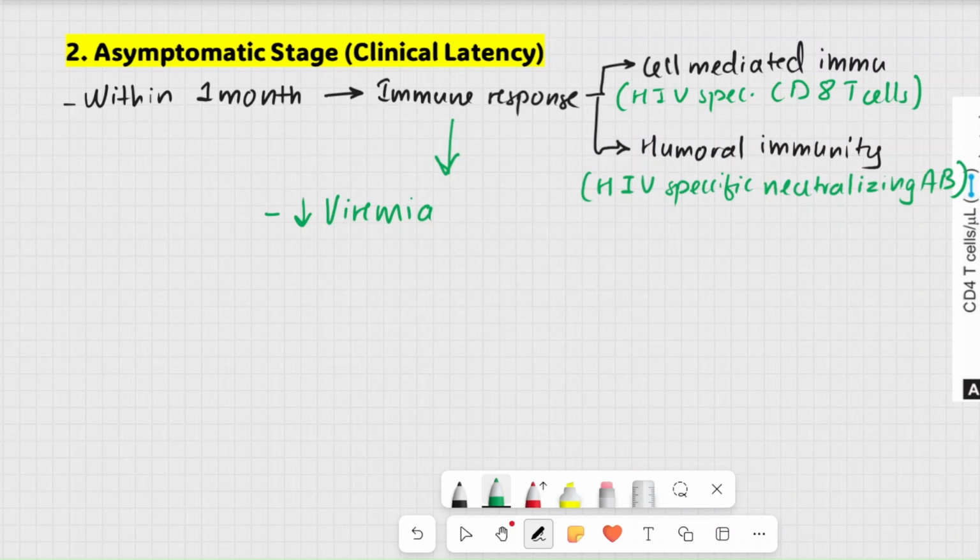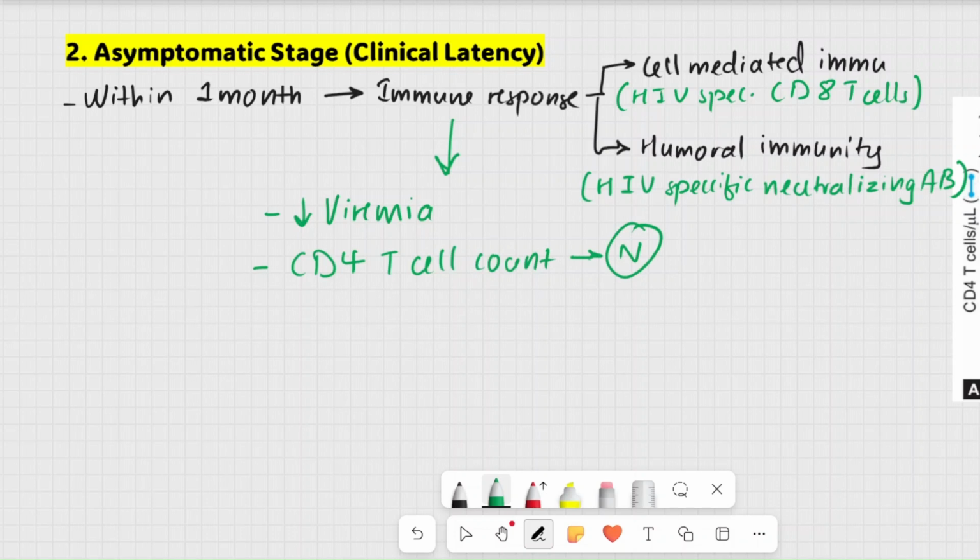And also, guys, the CD4 T cell count has decreased, yes or no? So now that CD4 T cell count will be brought back to the normal levels. So the CD4 T cell count is becoming normal. So these are the changes that are going to take place within the second stage, guys.